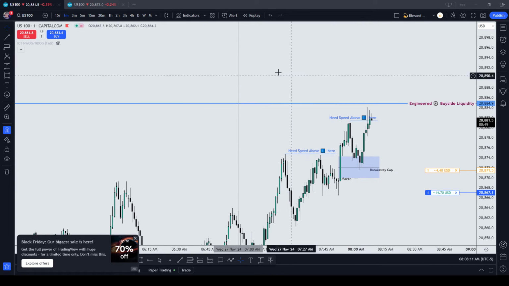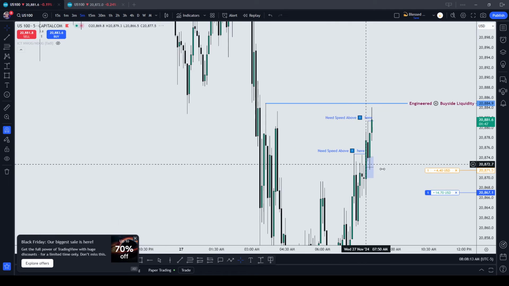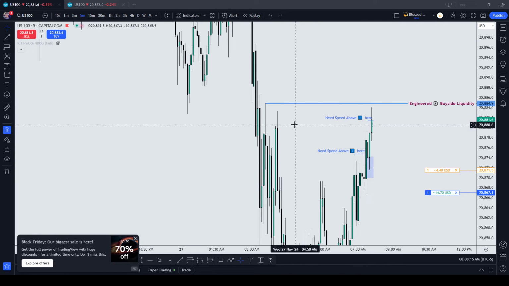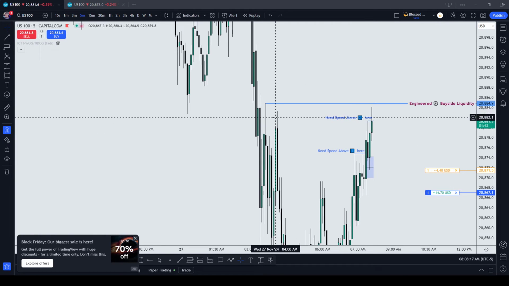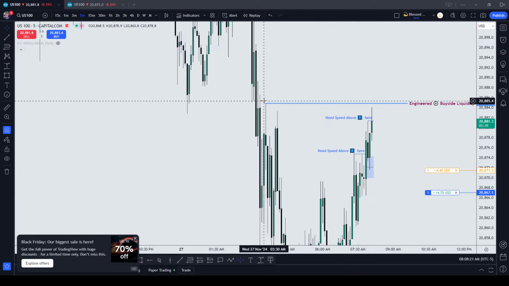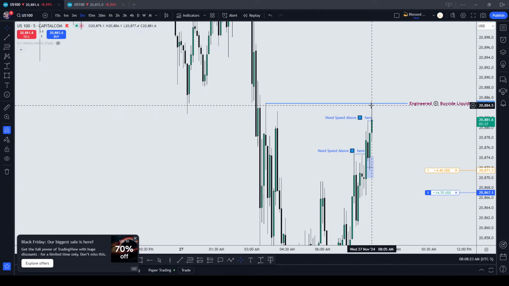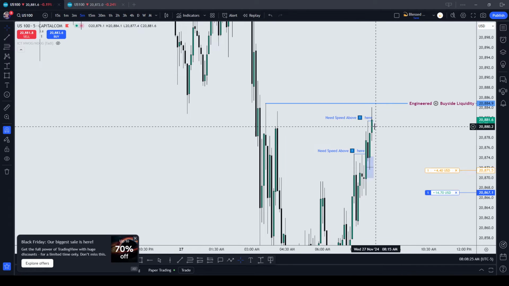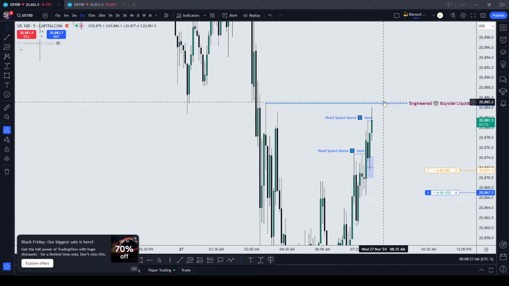So I'm still watching the 5 minutes, and I would like to see them run against retail that thinks this is real resistance and send price lower. So I'm watching to see them send price higher.